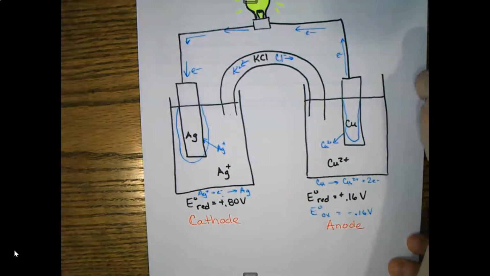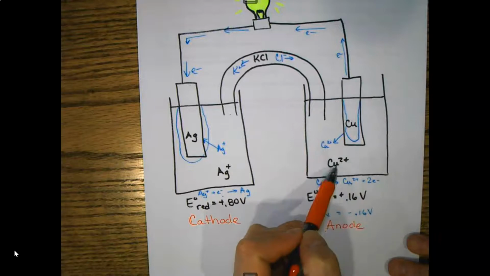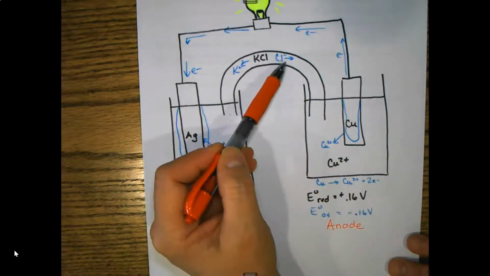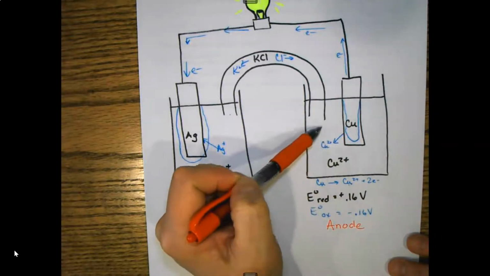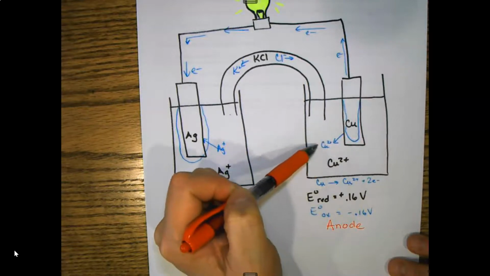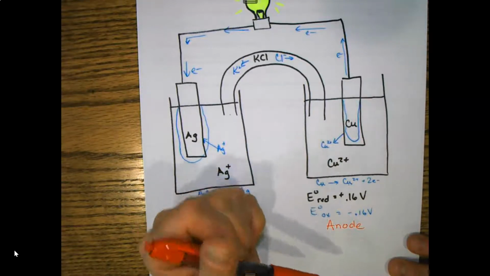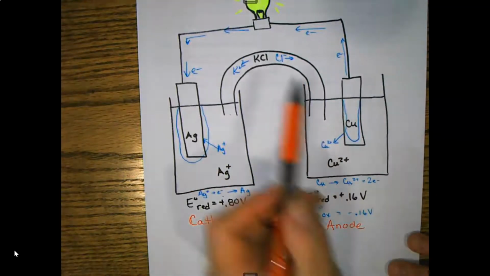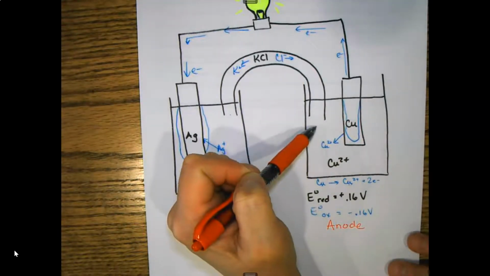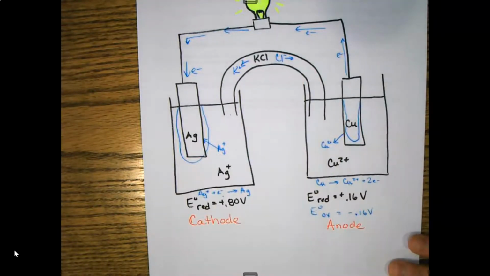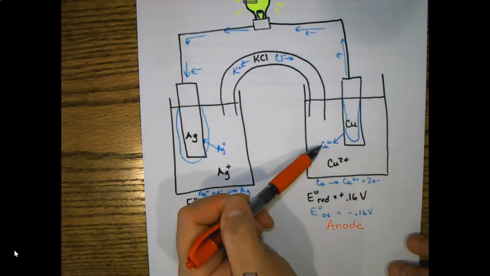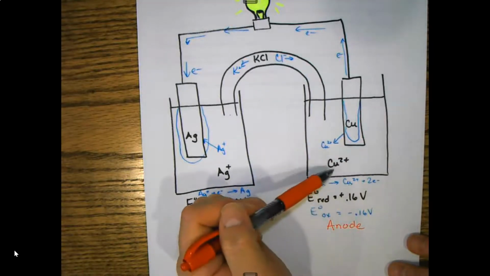But why is that? Look at what's going on here. You've got copper ions increasing the positive charge of the solution. You can't have a charged solution. That's not possible. So the chloride migrates to the anode to help maintain that neutral charge. Copper ions plus chloride ions are going to keep that solution neutral.